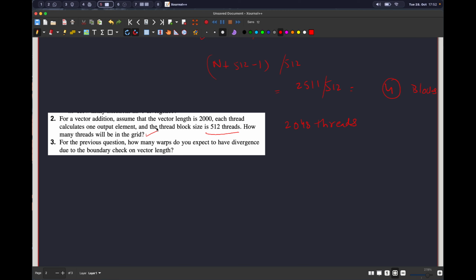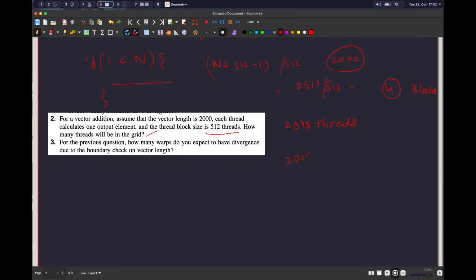For the previous question, how many warps do you expect to have divergence due to the boundary check on the vector length? So in a simple vector addition, we have this condition: if index, which is the global index of a thread, is less than n, then only do the addition. Since we only have 2000 elements, let's see how we write this.